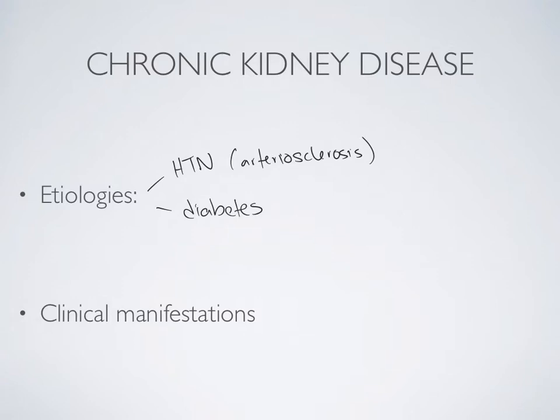And when that happens over and over again, it actually can damage those tubule cells. And then I talked about there's polycystic disease. And then there can be chronic interstitial nephritis.